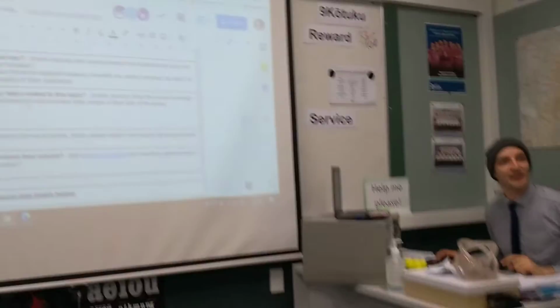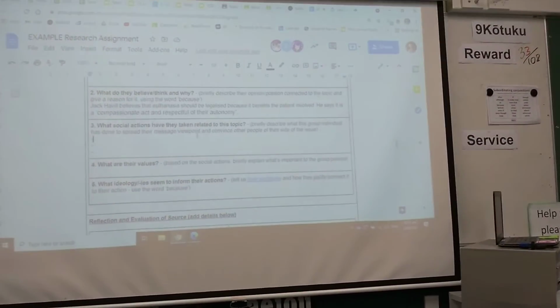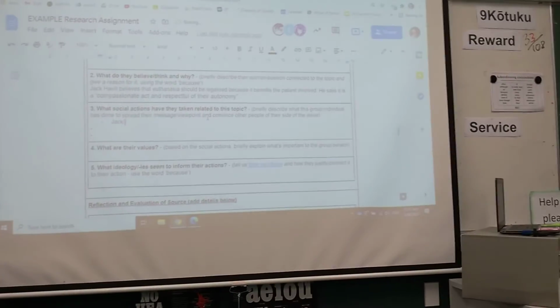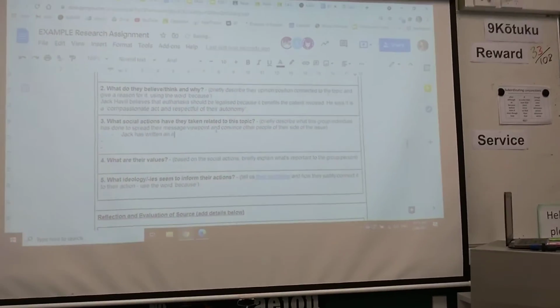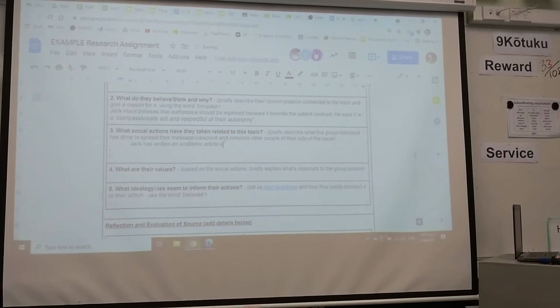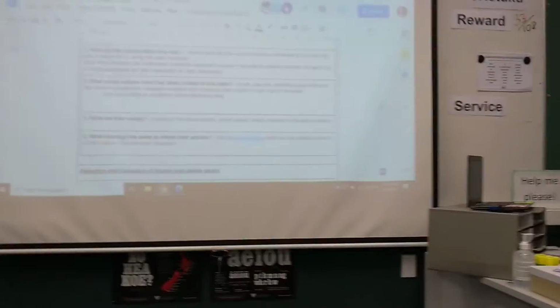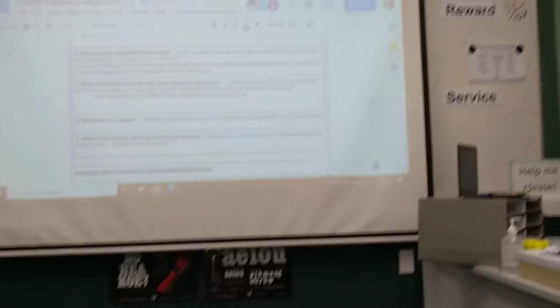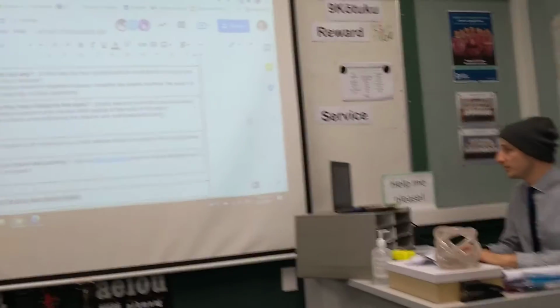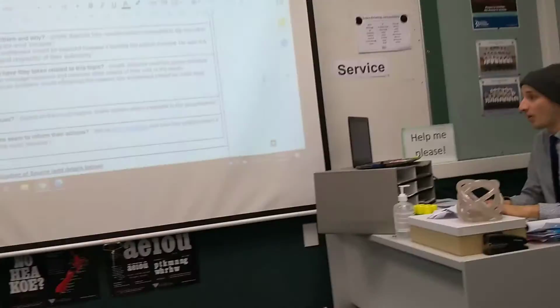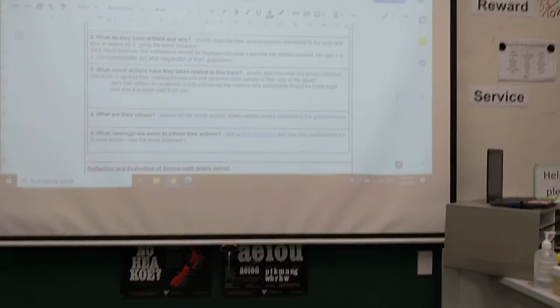Kyle? He has written an article. Absolutely. Jack has written an academic article explaining the reasons why euthanasia should be made legal and why it is more safe than not. That's actually sort of what the article says.